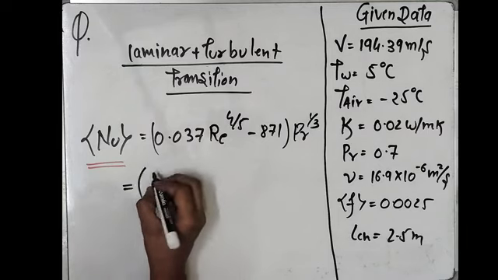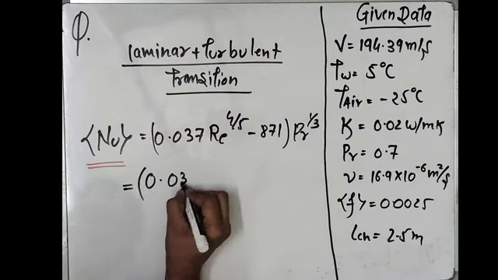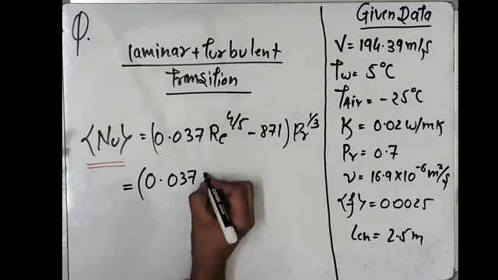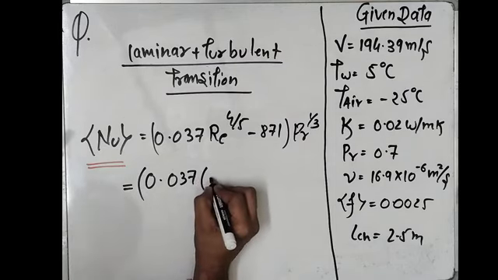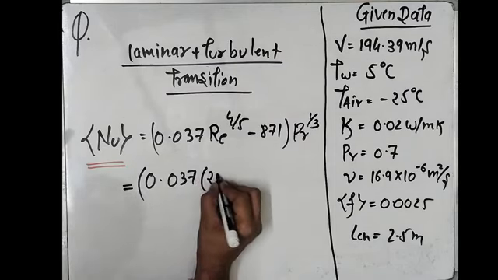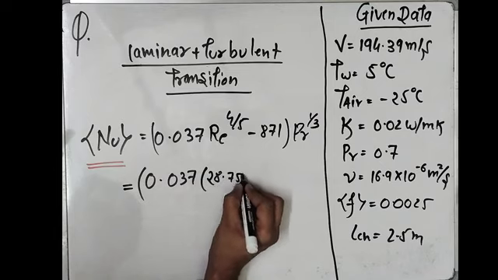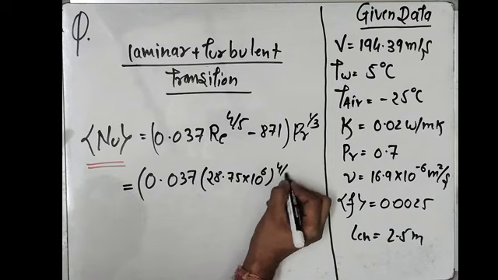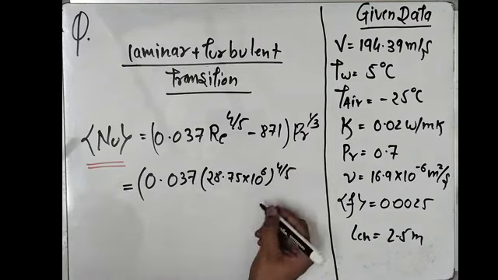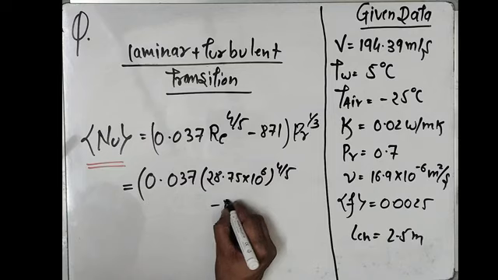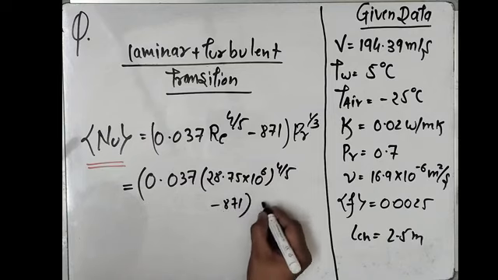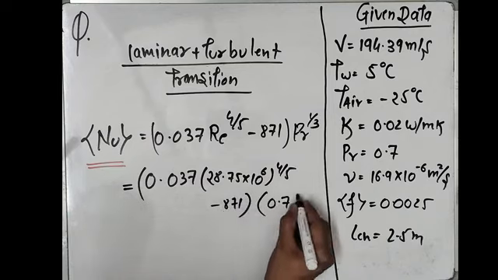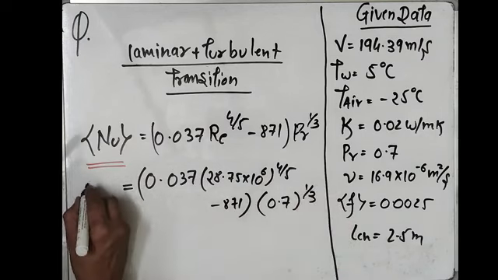Let us substitute the values that are given, like Reynolds number is given as 28.75 into 10 to the power 6, to the power 4 by 5, minus 871 into Prandtl number, which is given as 0.7, to the power 1 by 3.